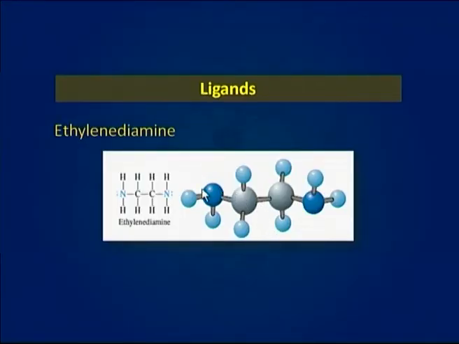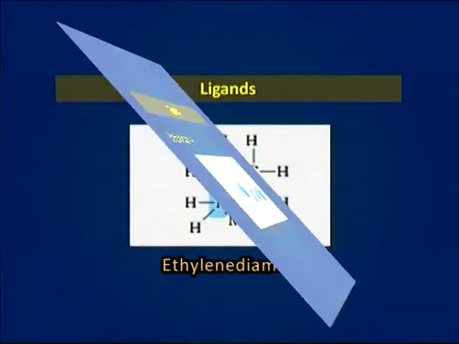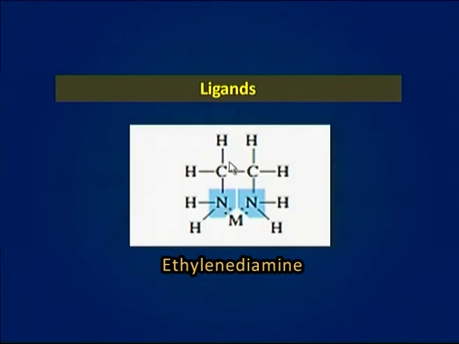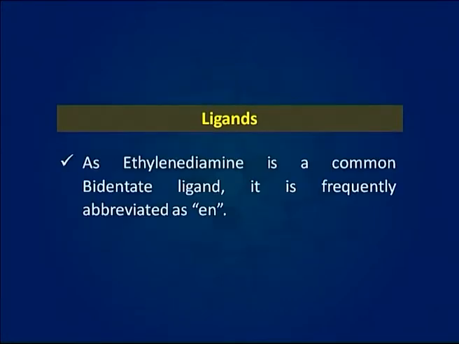In ethylene diamine, you can see there are two nitrogen atoms which act as donor atoms, and nitrogen atoms at the end of the molecule have lone pair of electrons that can form coordinate covalent bonds. In forming a complex, ethylene diamine molecule bends around so that both nitrogen atoms coordinate to the metal atom M. As ethylene diamine is a common bidentate ligand, it is frequently abbreviated as EN.